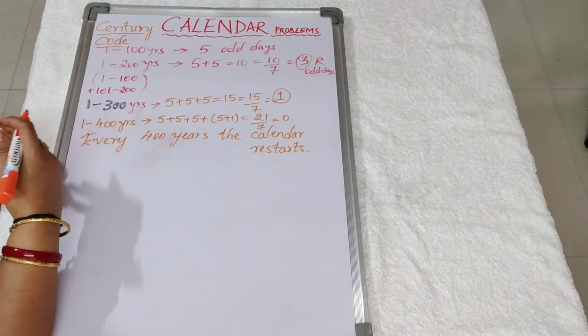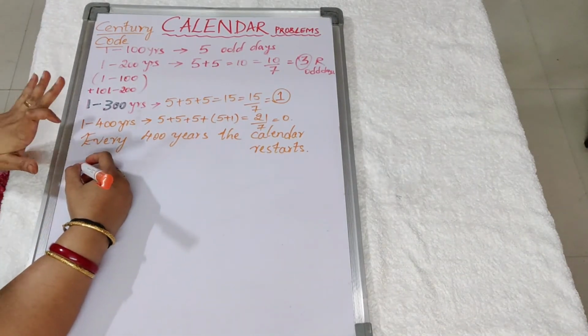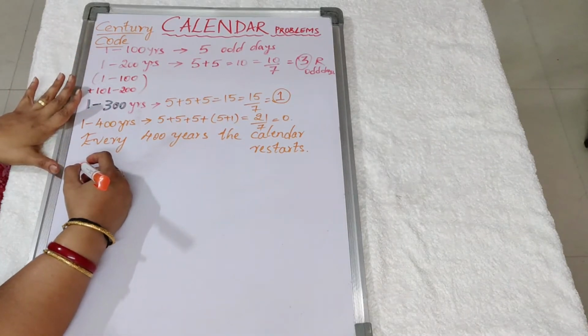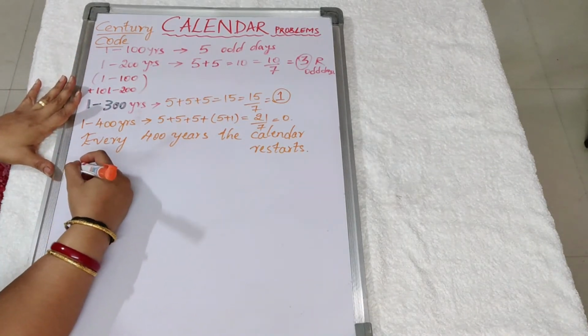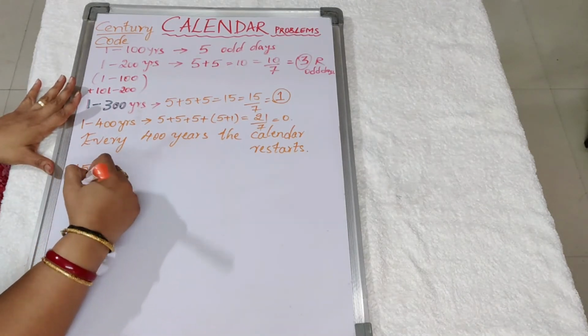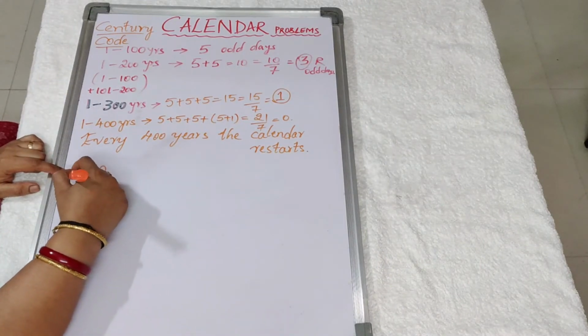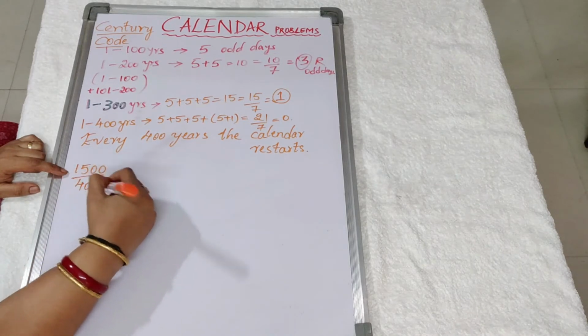So how do we do the century code? It is the same concept that we have done so far. Let us find out the century code for, say, 1500. Now for finding the century code, you have to divide by 400.